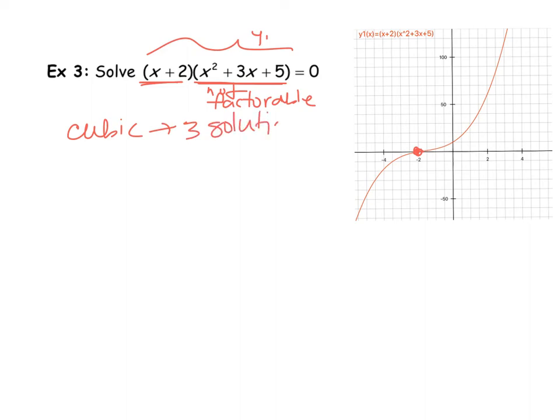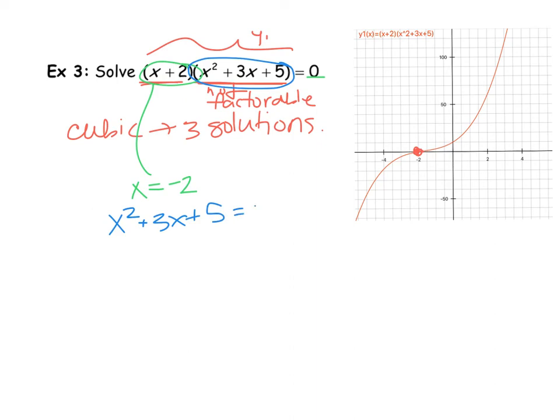Well, let's see what happens when we try to find where the other solutions are coming from. From our first factor, this one here, we get x should equal -2 to make this equation equal 0. But from our second factor, when we set this equal to 0, we need to use the quadratic formula to solve.